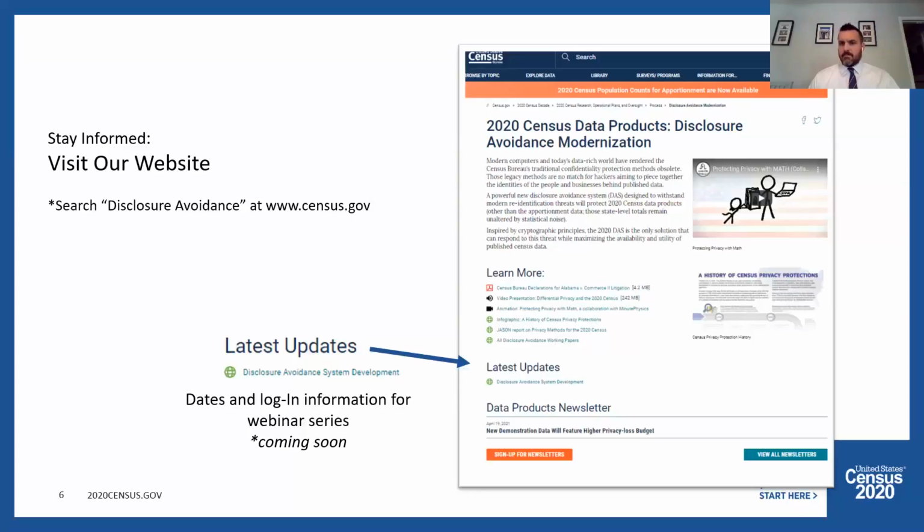That process is ongoing. We will be releasing more information about timelines and data user expectations, but we will be releasing demonstration data for the DHC. We will be doing extensive stakeholder engagement to make sure that we're developing and using appropriate accuracy targets for DHC use cases, and that will be occurring over the coming months.